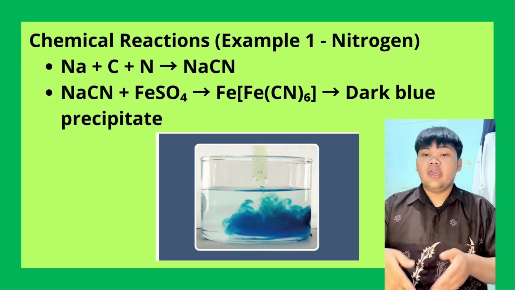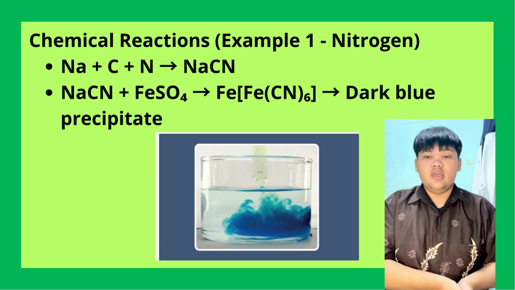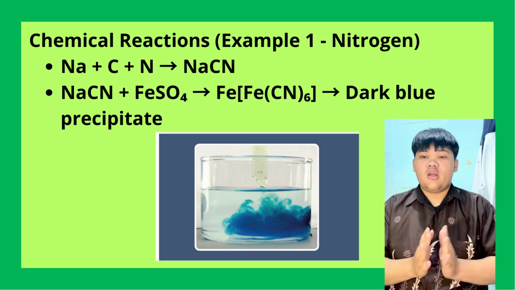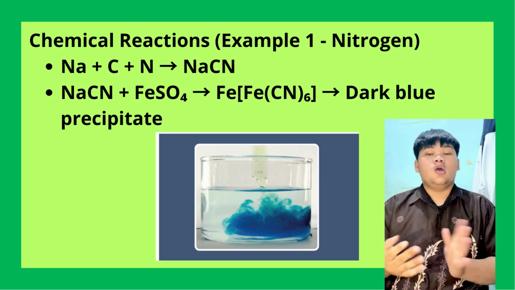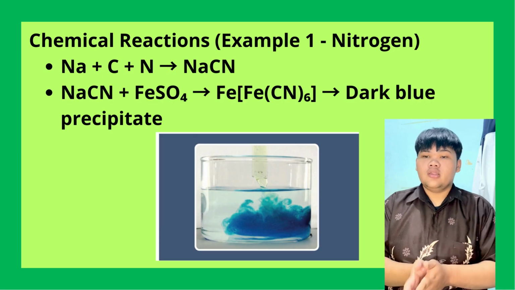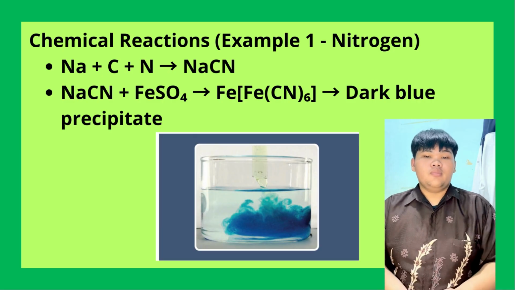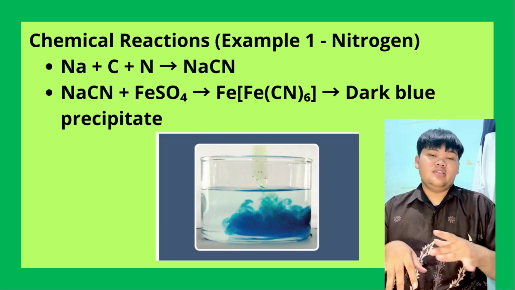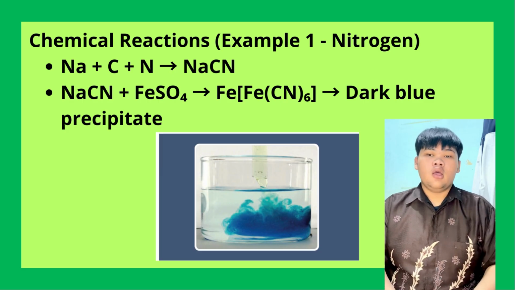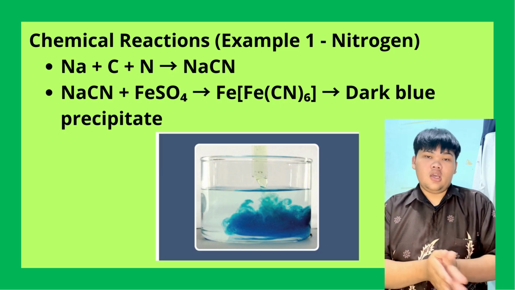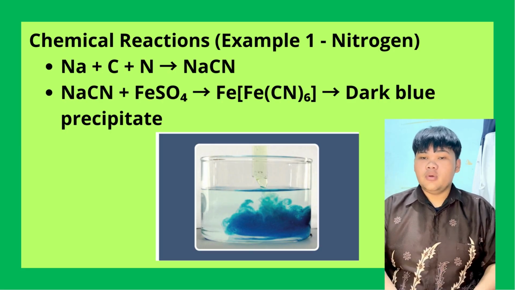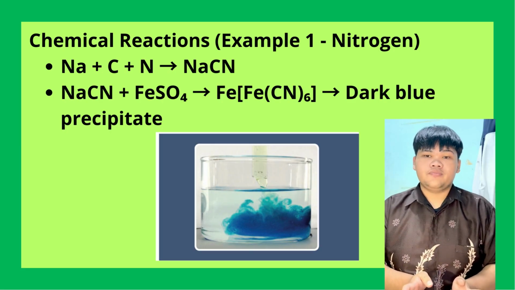Then the NaCN, or sodium cyanide, is reacted with iron sulfate, or FeSO4, and it produces Prussian blue, a dark blue complex compound.